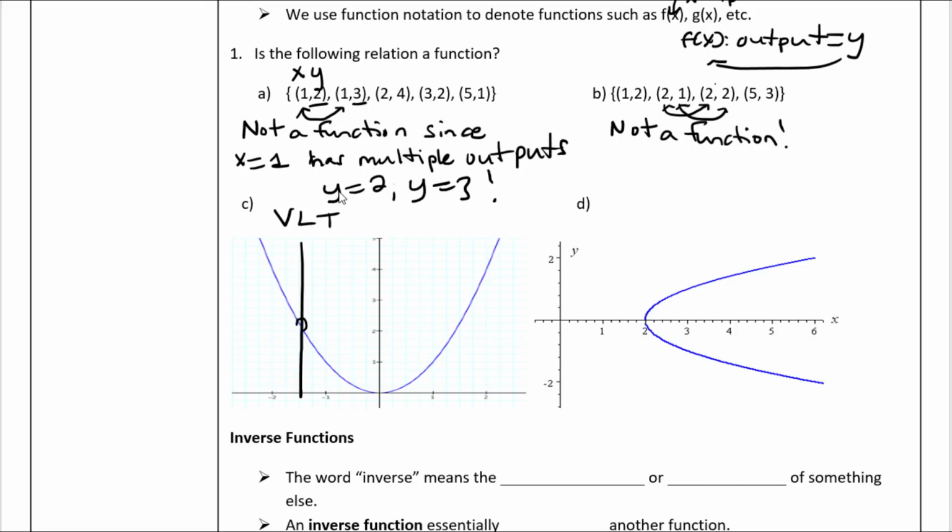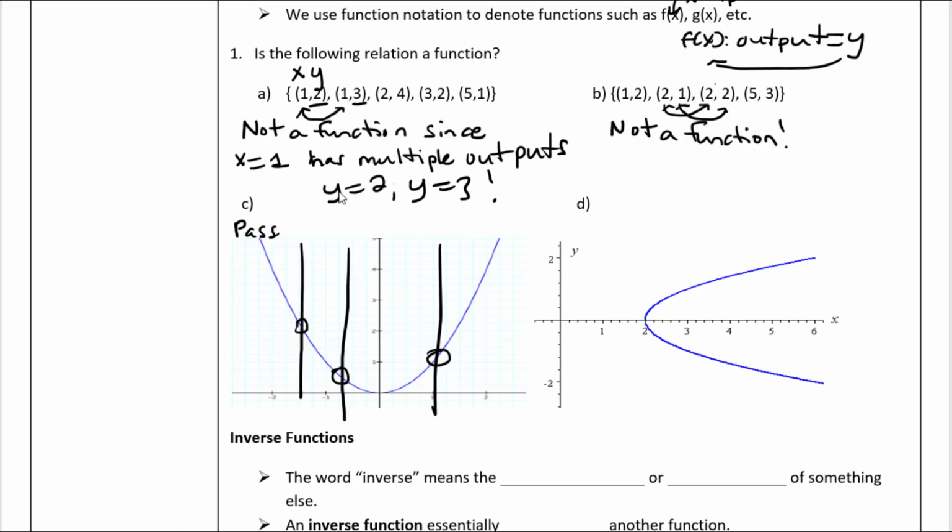Here the graph only crosses that line once. If you were to do another vertical line, it only crosses it once, and so on. So that's the vertical line test. If it only crosses it at one point, then it passes the vertical line test. So in this case, this is a function because it only crosses it at one point on the line and not more than one point.